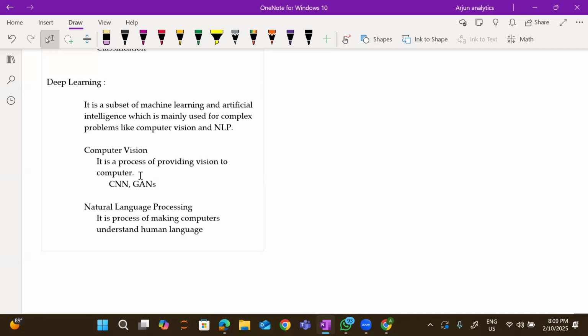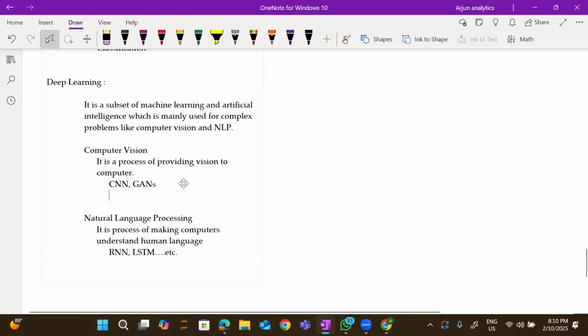This is done with the help of RNN, LSTM, and there are many more, like bidirectional LSTM. We will use transformers, encoders, decoders, and all those things. The best example for computer vision is the face unlocking system on your phone. This is nothing but your CNN product.